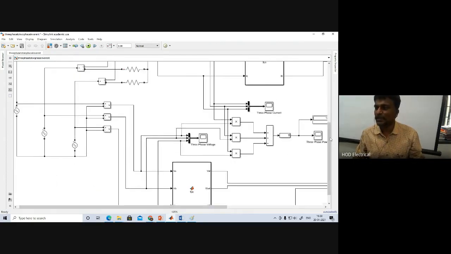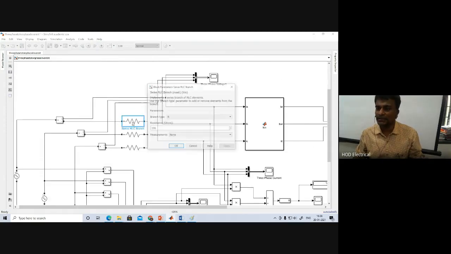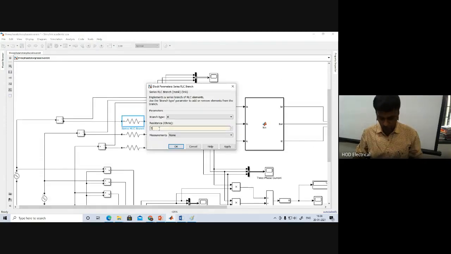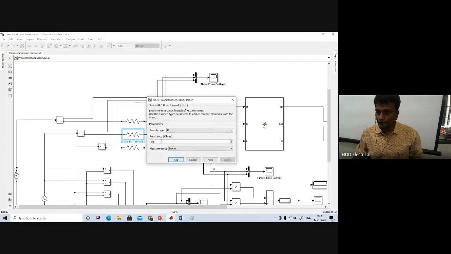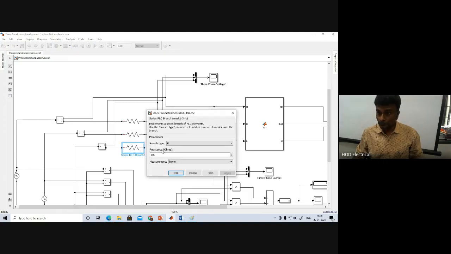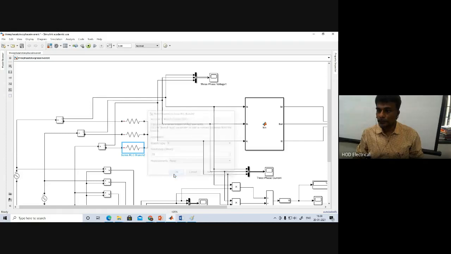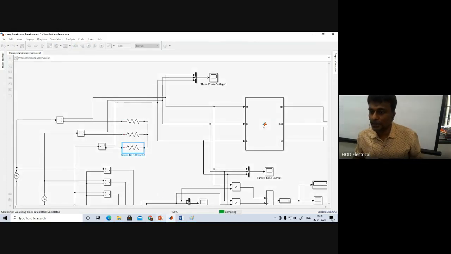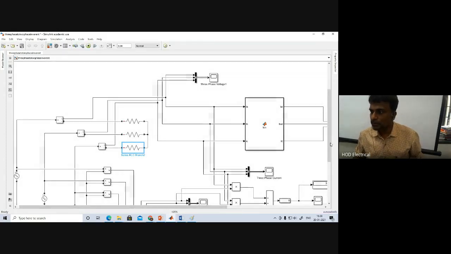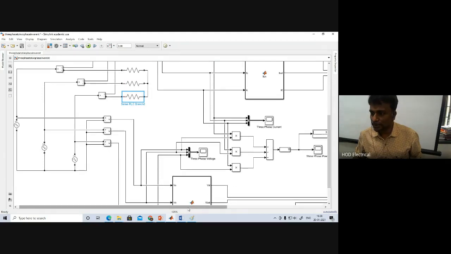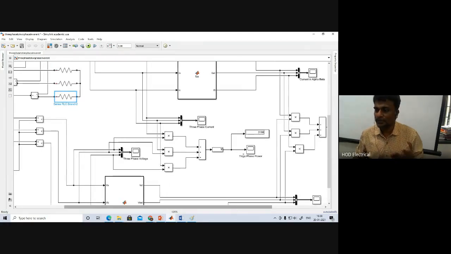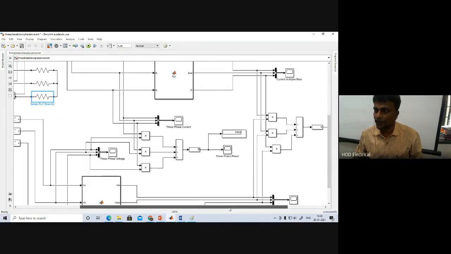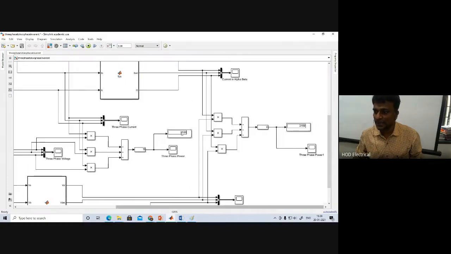Let me check with a different resistive load here. Instead of 100 ohm, if I use 50, so as per this, current is more, so power drawn increases to 3.1669 kilowatts.